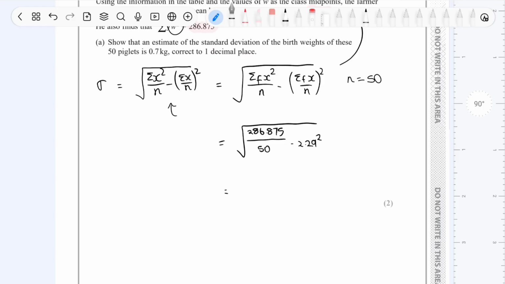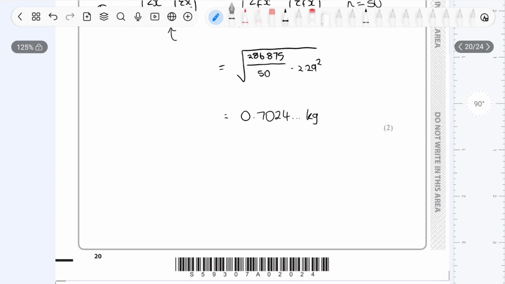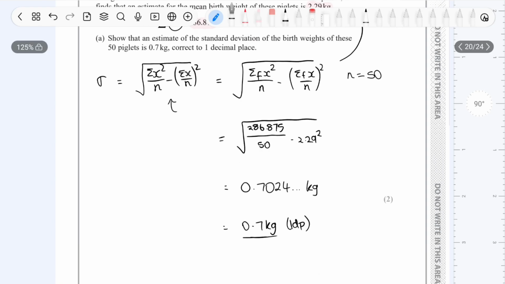If you type this into your calculator, you get 0.7024 and so on kilograms. And then to one decimal place, we just have to round this and we get 0.7 kilograms. And that's your answer right there.